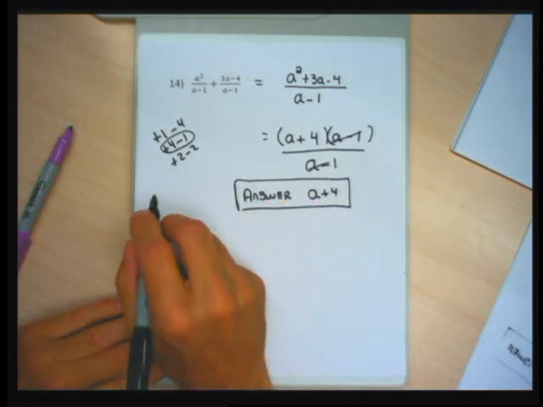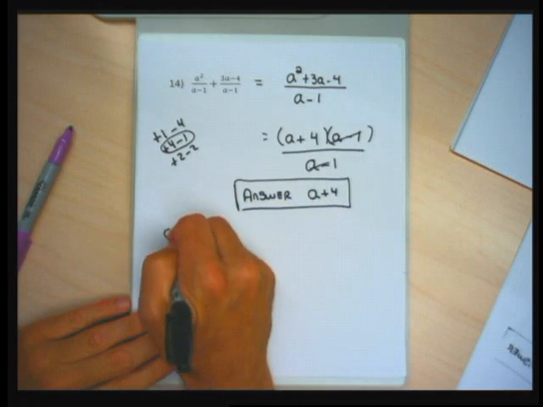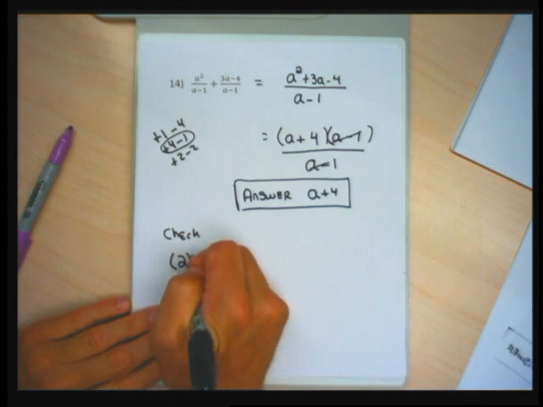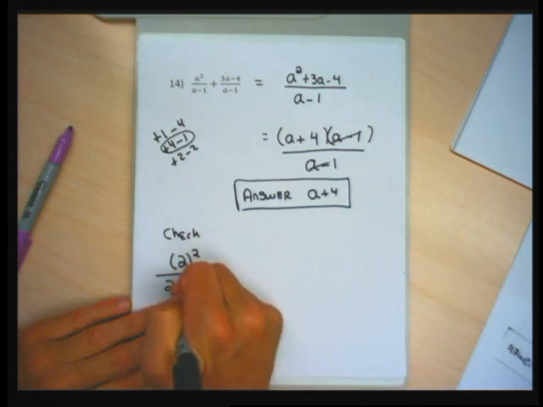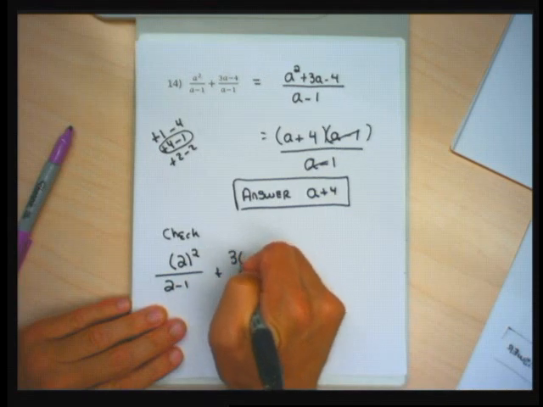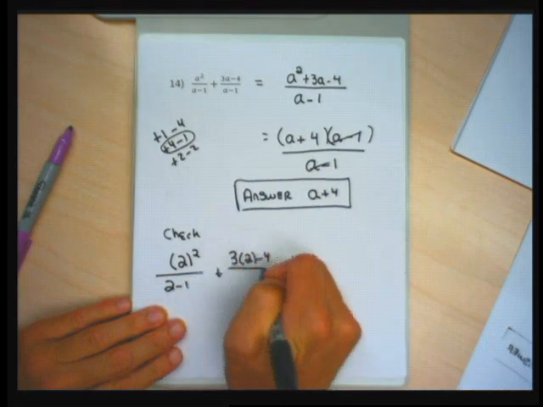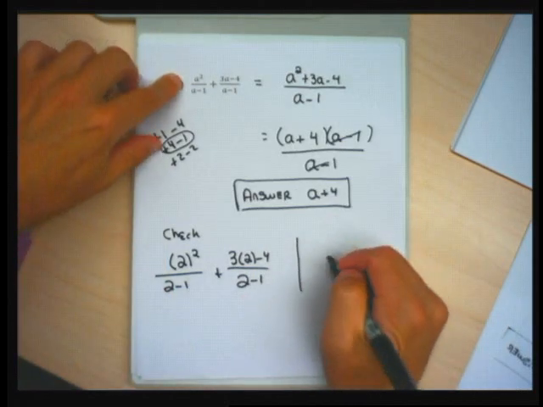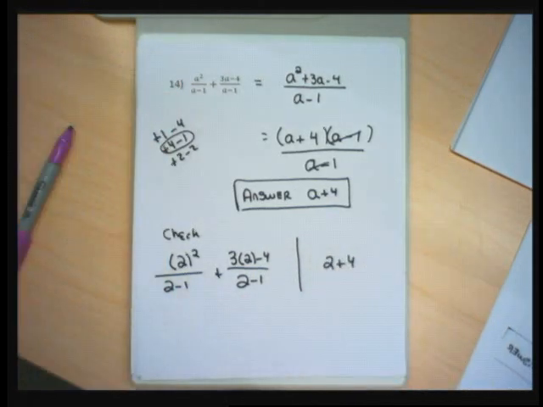Again, I'm going to check with the 2's again. So I'm going to go 2 squared over 2 minus 1 plus 3 times 2 minus 4 over 2 minus 1, plugging 2 into the original problem for a. And I'll also plug 2 into my answer.